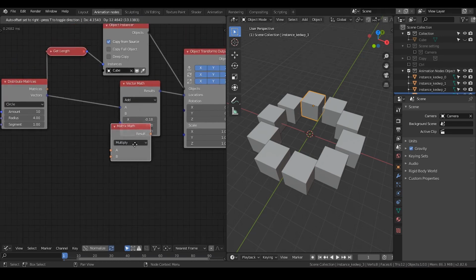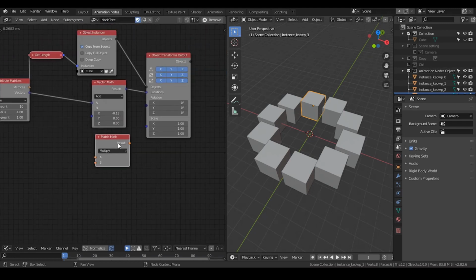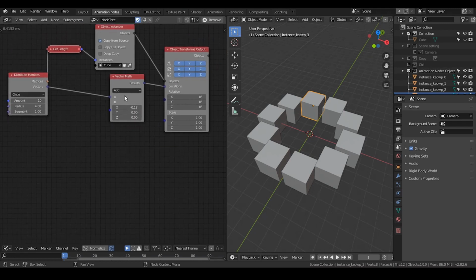So it's not very intuitive at some level. So it might be an advantage to use vectors sometimes if you want to do simpler, more intuitive stuff and you don't care about rotation or scales at some level.